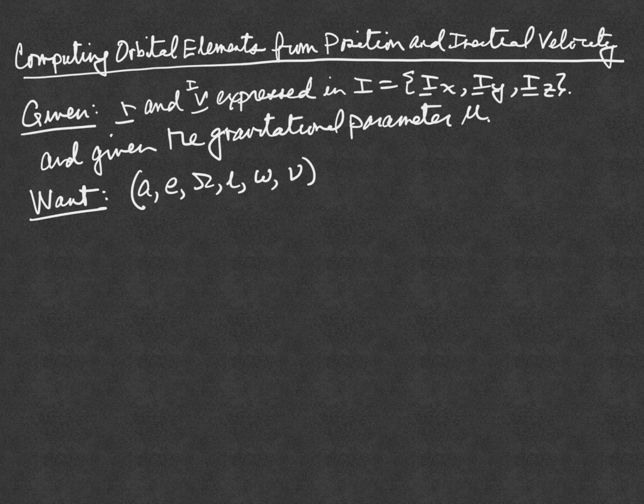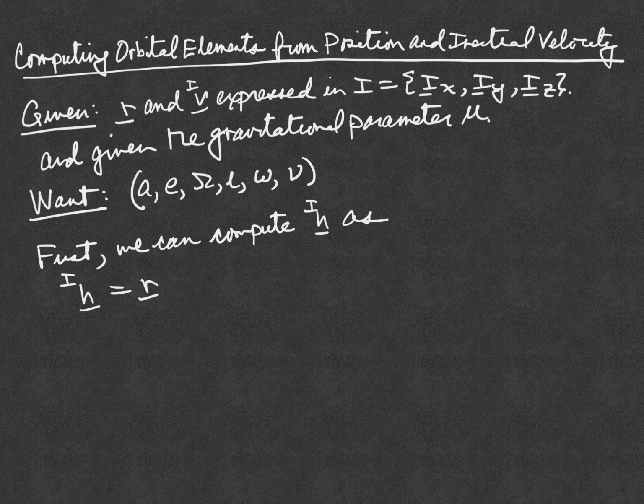So let's start. First, we can compute HI, as HI is equal to R crossed with VI. And of course, we can compute that because we're given R and VI. So now we can also get the magnitude of the position, which is the radius.